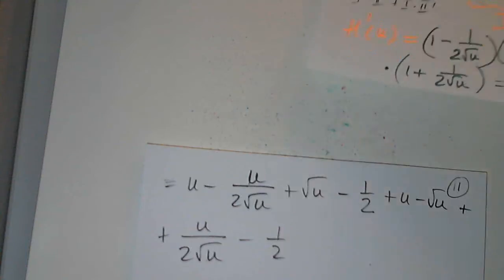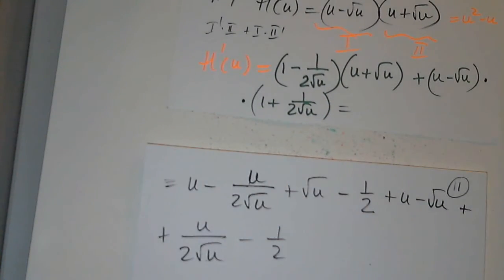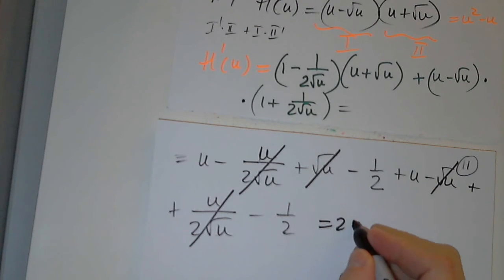Remember, the answer has to be 2u minus 1. Okay, so luckily these two go away, and also these two go away, and we get 2u minus 1, as expected.